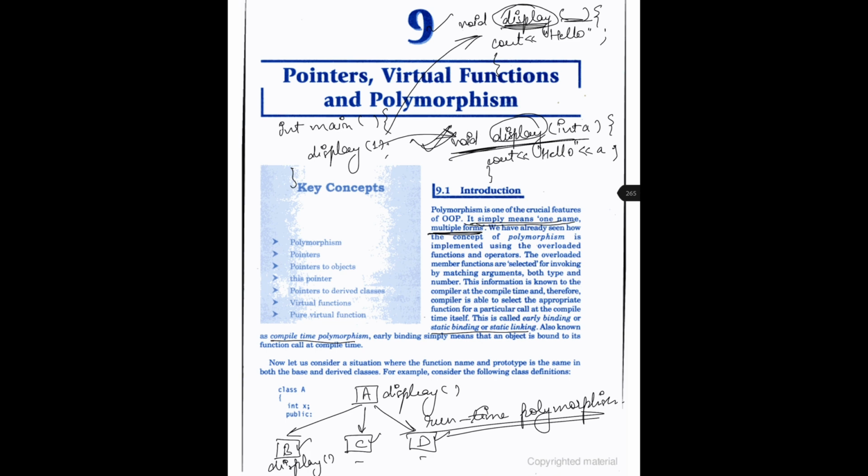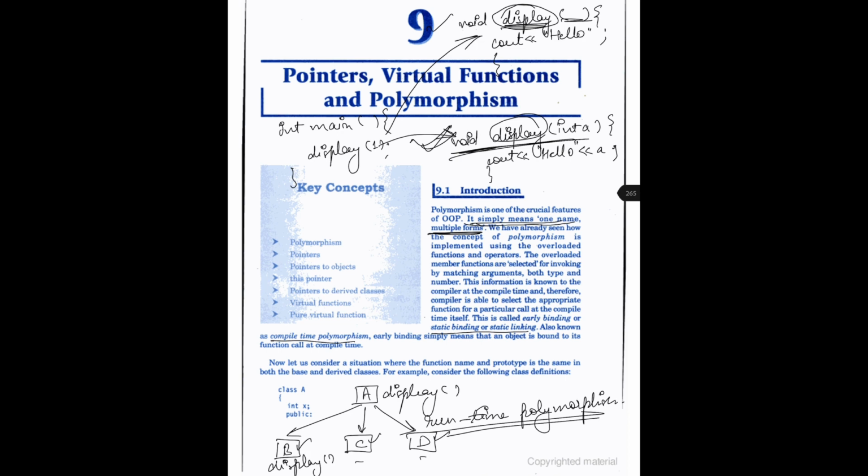Now what we want is that depending upon the type of object we are creating at the runtime, the compiler will be able to call that particular class's display function. So we do not want to use the class resolution operator, we do not resolve the ambiguity ourselves, but we want the compiler to do it for us. So this type of polymorphism is known as runtime polymorphism or dynamic binding or dynamic linking.